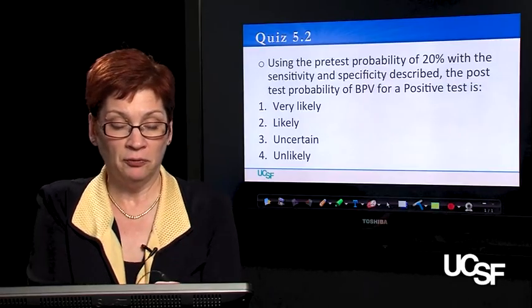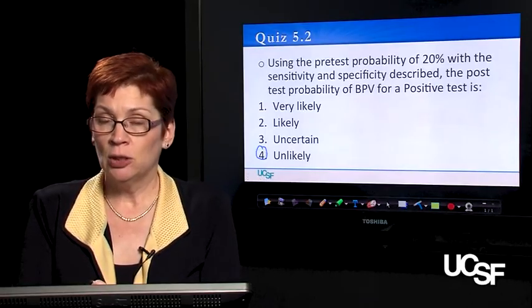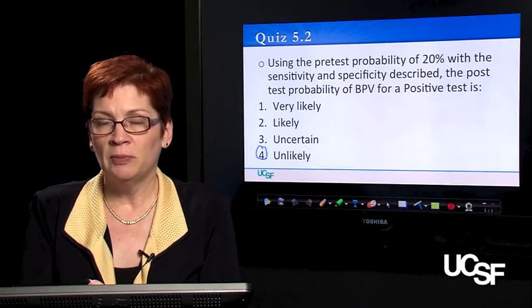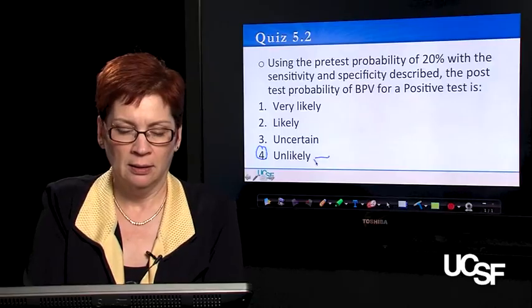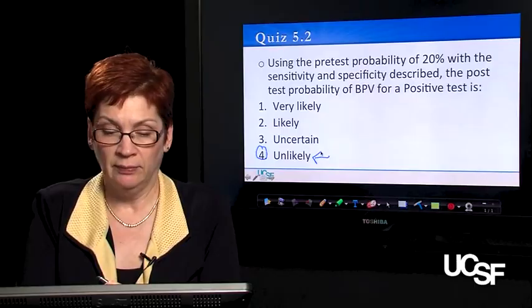And the answer is 4, unlikely. If we consider 20% to be a very unlikely pretest probability, the most a positive test can increase it is to a level of unlikely. It certainly cannot make it very likely.